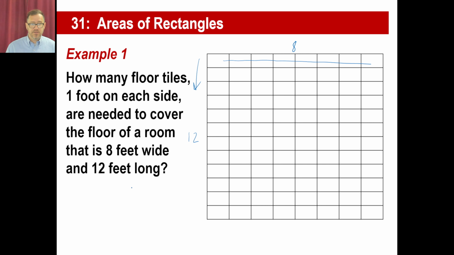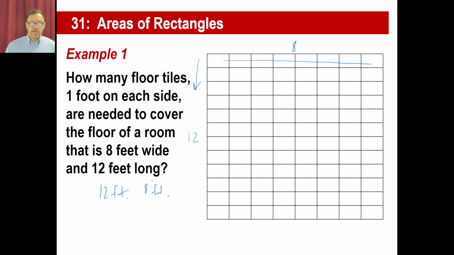Now you're not just saying it's 12 feet, or it's 8 feet. If you tell the guy 8 feet or 12 feet, he's going to say, that's a length. I need square feet. How many square feet are in this?